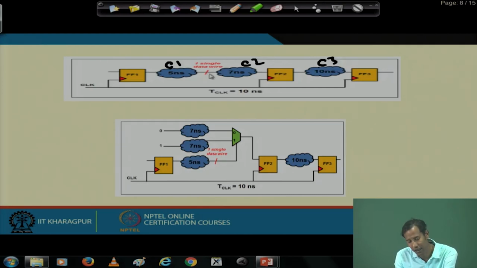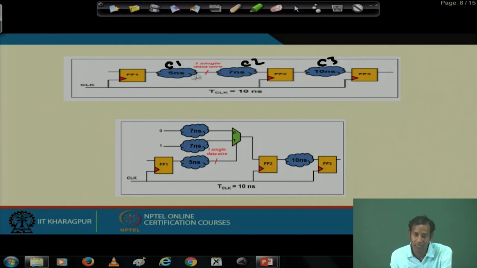As this is a single wire, it may be 0 or 1. Currently the second block is not starting its operation, because it is not getting the signals from the 5 nanoseconds block. Once that is done, only then can it start its computation, as they are connected in series. That is why it always consumes 12 nanoseconds of time.